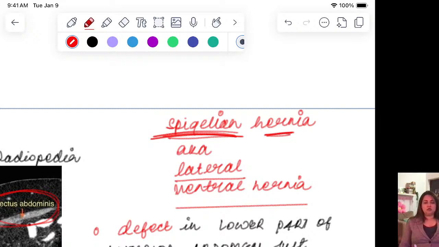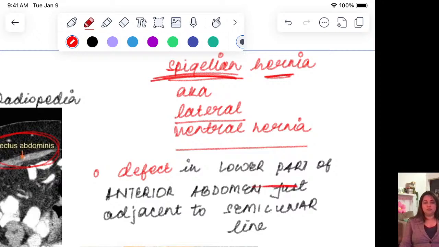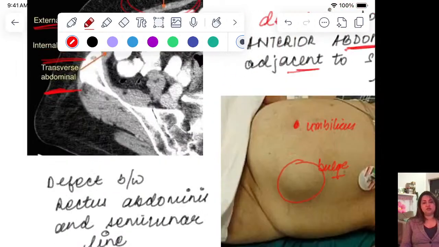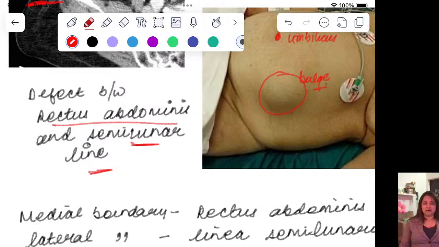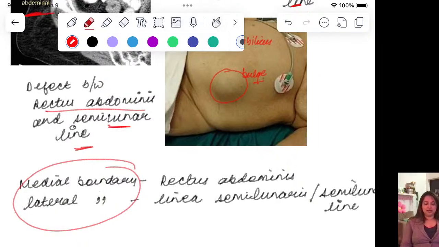Now you also need to know where the defect is. The lower part of the anterior abdomen, just adjacent to the semilunar line. You need to know between which two structures there is a defect: between the rectus abdominis and the semilunar line. You should also know the medial and lateral boundaries of the Spigelian hernia. Medially, we have the rectus abdominis muscle.